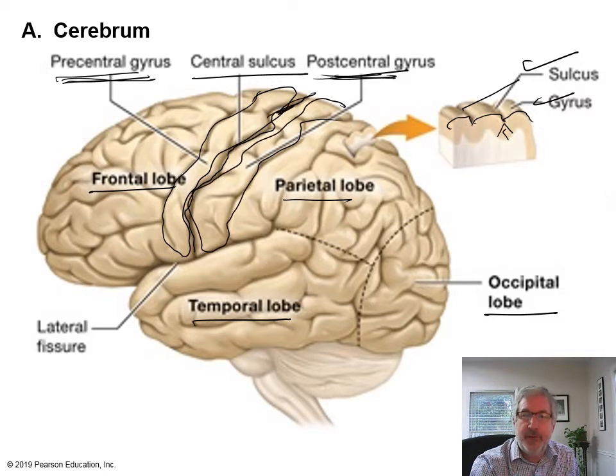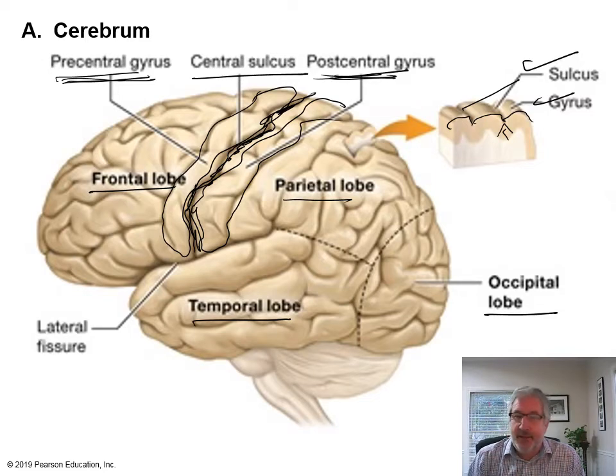So you have this groove in the middle between the precentral gyrus and the post-central gyrus. That's one of the major features of the brain, and we'll talk about why that's important later on.